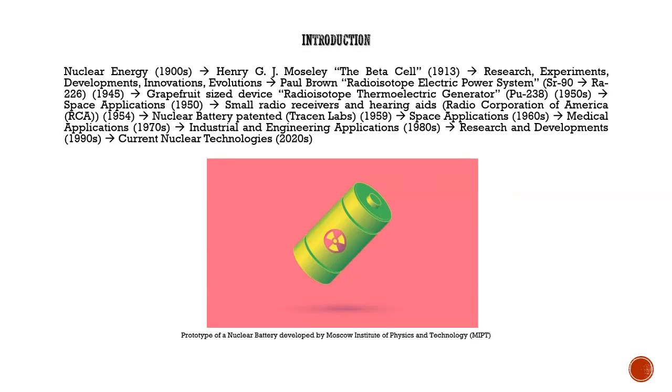Now, atomic or nuclear energy is generated inside a reactor. The heat inside the reactor is generated by tiny bullets like neutrons. When a neutron strikes an atomic nucleus, it splits into two, releasing immense amounts of radiation and heat.